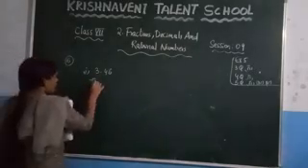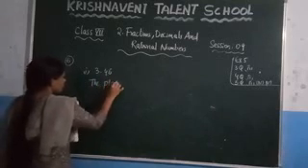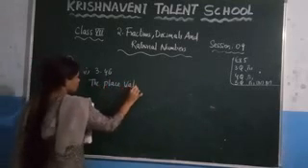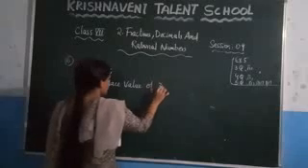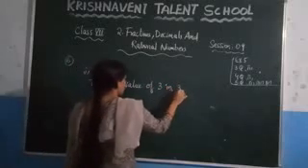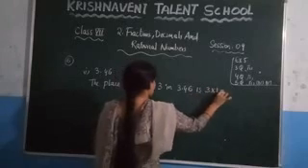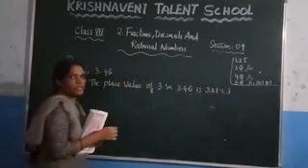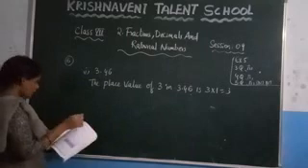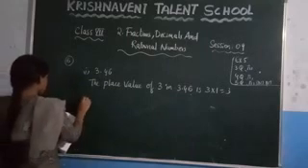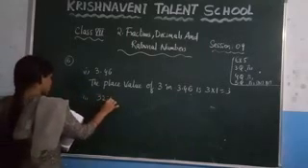The place value of 3 in 3.46 is 3 into 1, which is 3. Right? Now see the second question in this: 32.46.